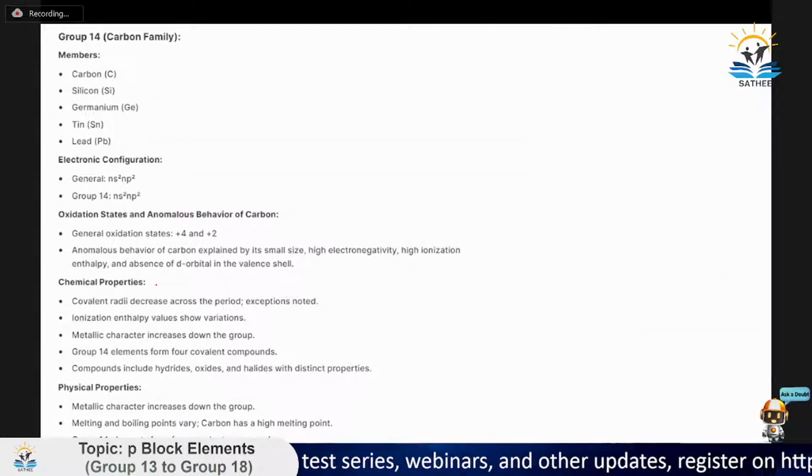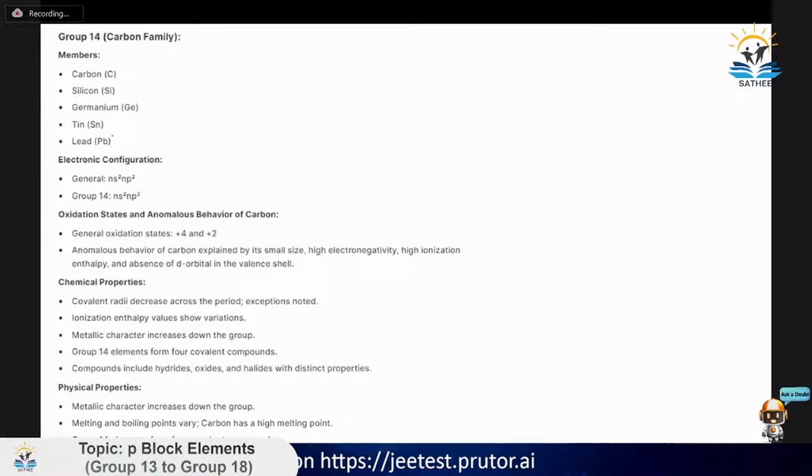Now, because of the rules we went through in group 13, group 14 can actually be completed a bit more quickly. Basically, you have carbon, silicon, germanium, tin and lead. And the general electronic configuration: because group 13 had one electron in its p orbital, group 14 has two.